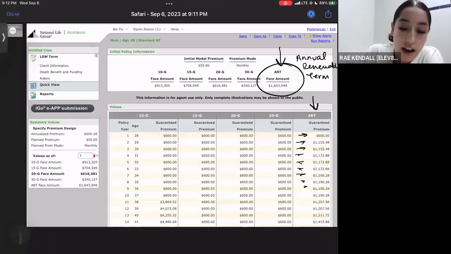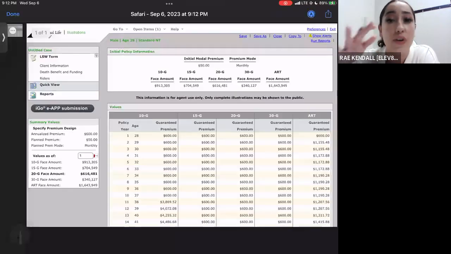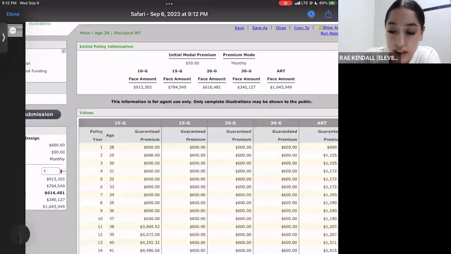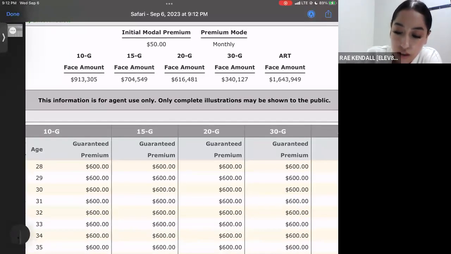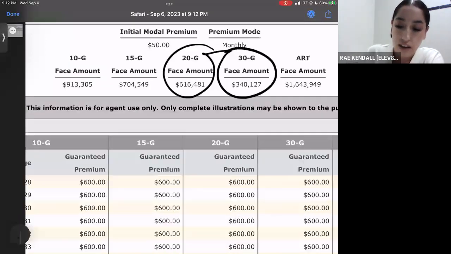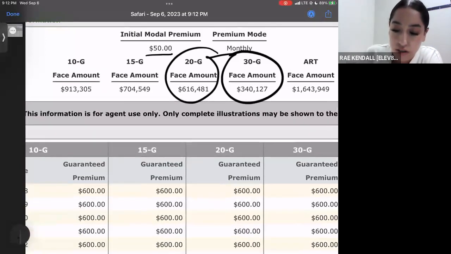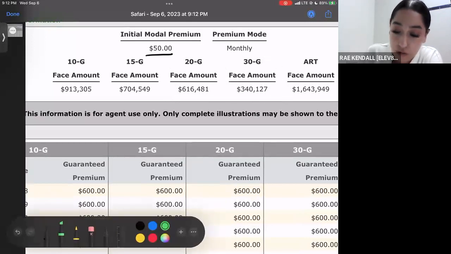So from my professional experience, the most bang for your buck when it comes to term policies are typically the 20 and 30-year terms, right? Because for $50, you could get, right here, let me go 20 year.